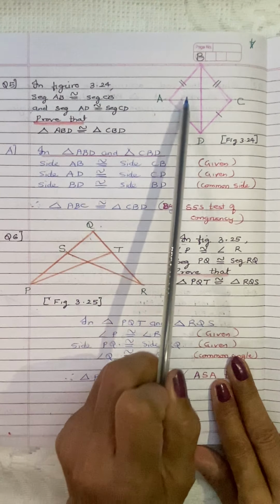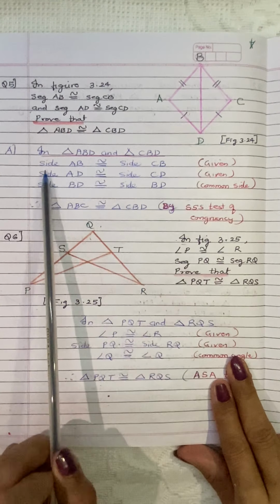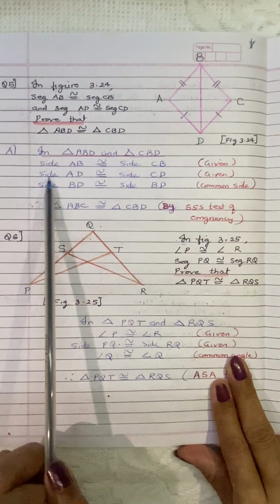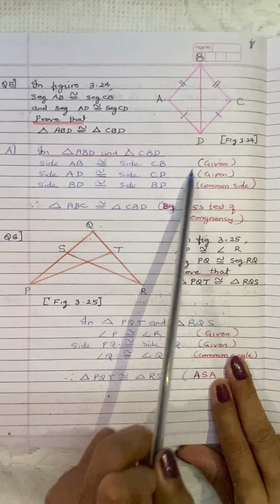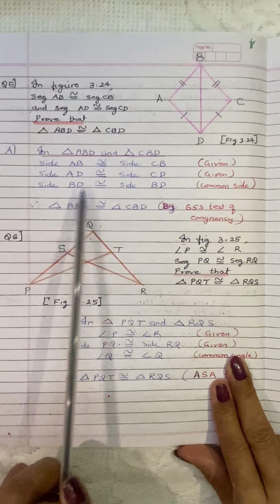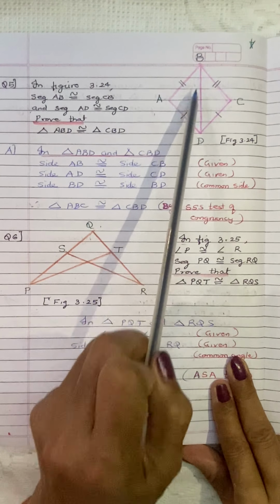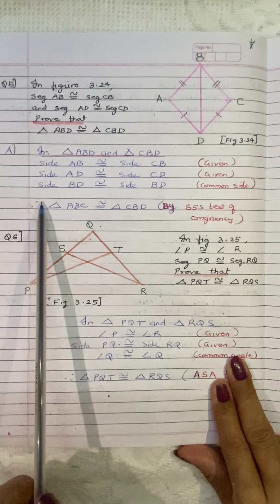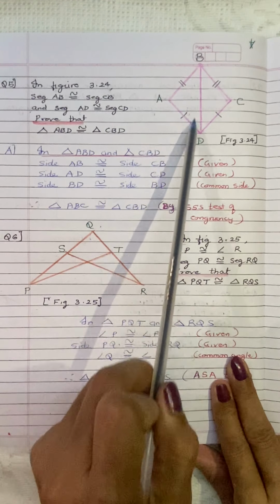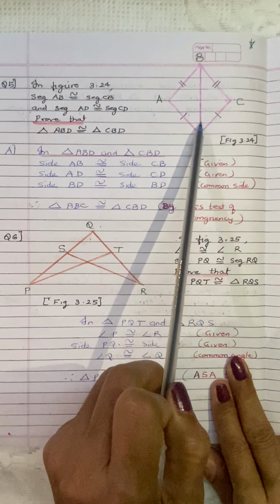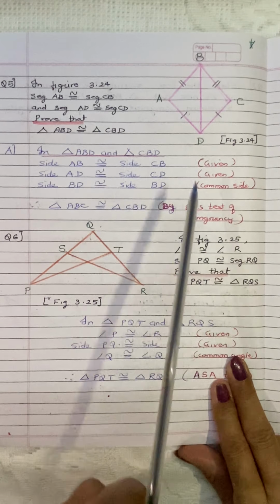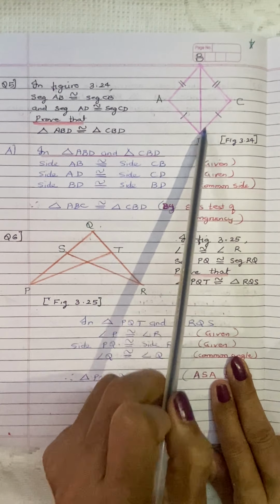In triangles ABD and CBD, AB is equal to BC given, AD is equal to DC given. Now BD is equal to BD because both the triangles have a common side. So by SSS test of congruency, we can say that both the triangles are congruent.